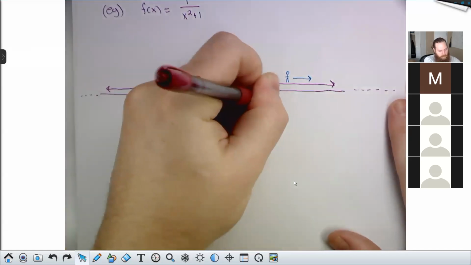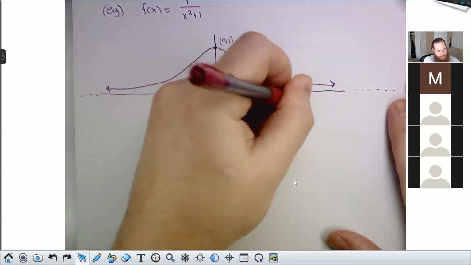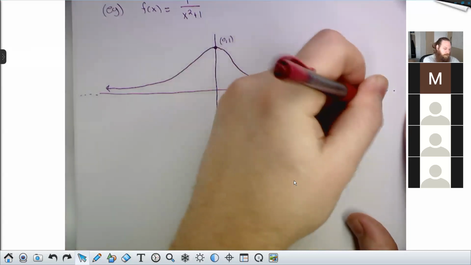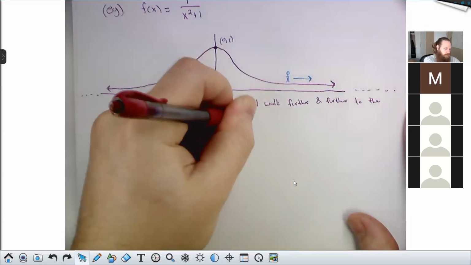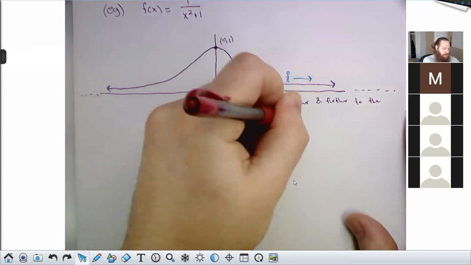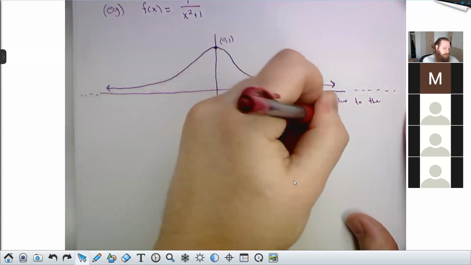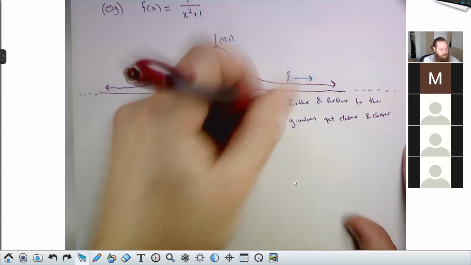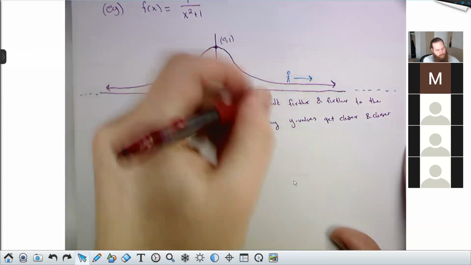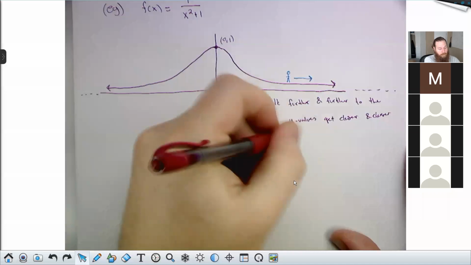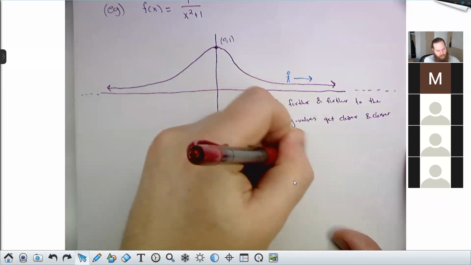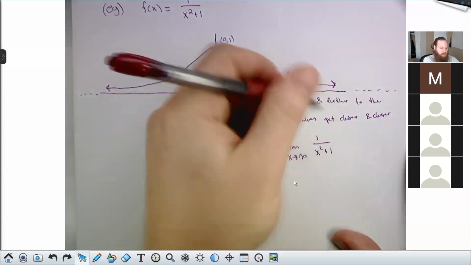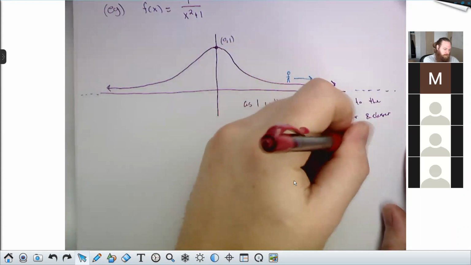As I walk further and further to the right, my y values get closer and closer to 0. So here I would say that the limit as x goes to plus infinity of 1 over x squared plus 1, that limit is 0.